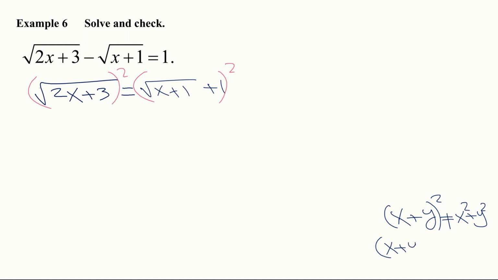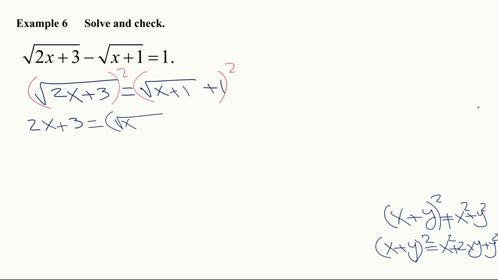Remember, if you have x plus y squared, that's x squared plus 2xy plus y squared. So as long as you remember not to do this, you'll get this problem correctly. So on the left side, I get 2x plus 3. Now, if you don't know the formulas and all that, and you want to make sure you get this right, just write it out.